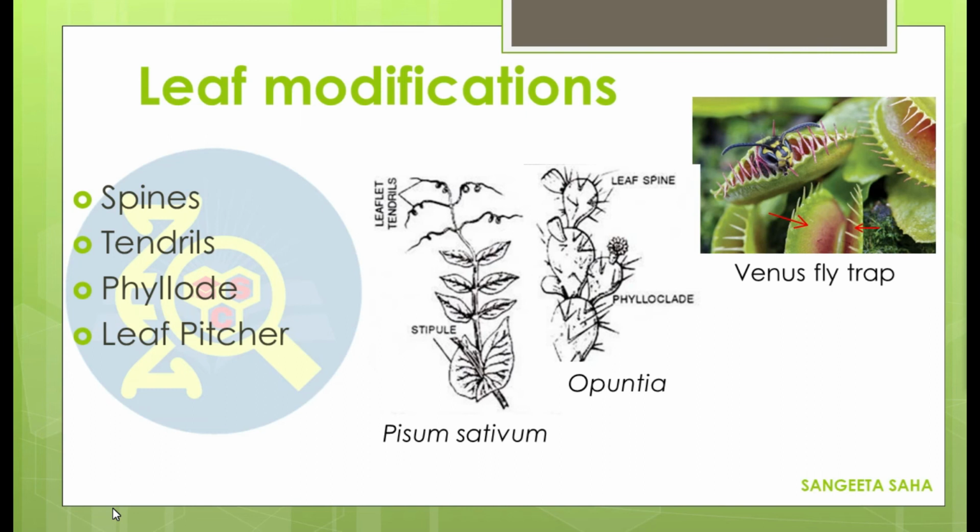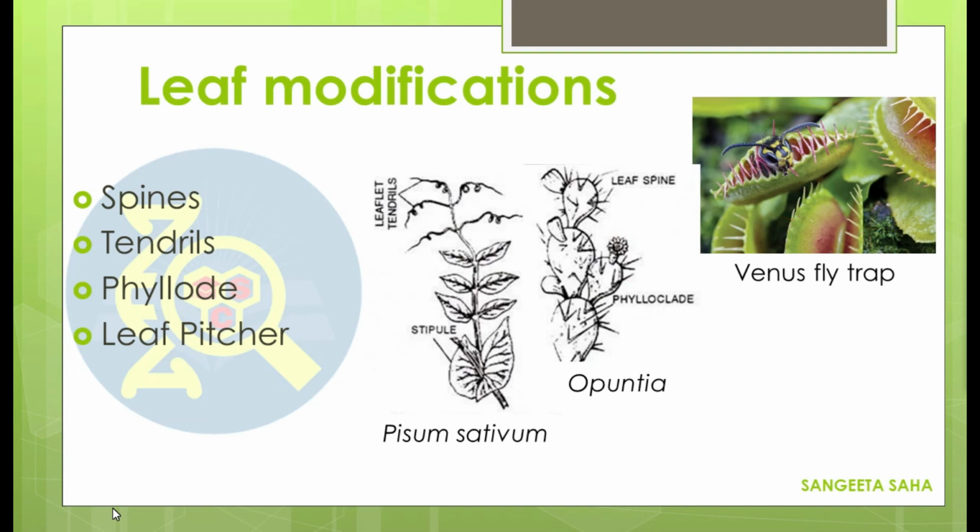Do you know what the meaning of trap is? Trap basically means to get hold of something or to catch something. And this trapping will be done in less than a second. So this is an interesting modification of leaf.